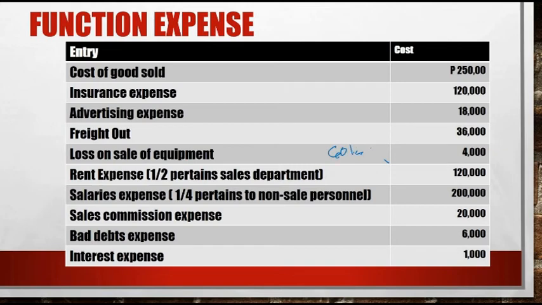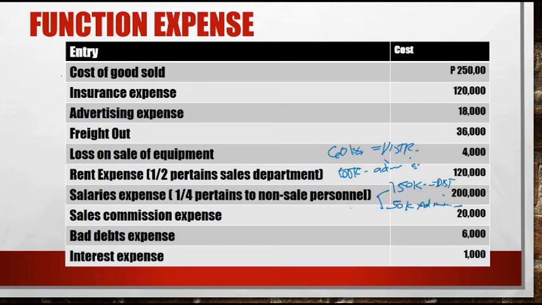Si 60K kay distribution cost, si 60K administrative expense. So, may kita mo sa notes si rent expense ng 2 beses together with salaries expense. 1/4 pertains to the non-sale personnel. Ibig sabihin, out of 200,000, yung 150,000 is for distribution, yung 1/4 is 50K, ito yung sa admin.